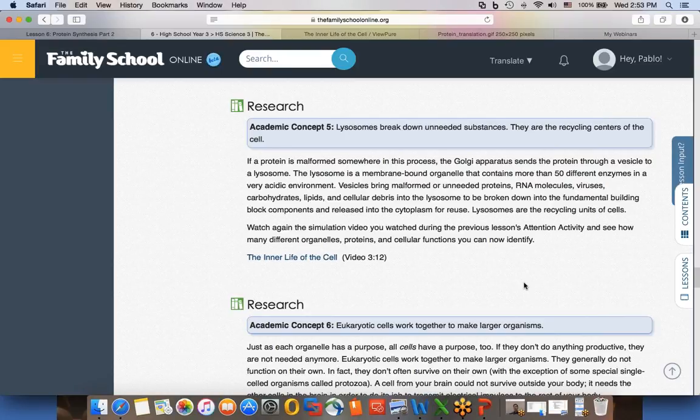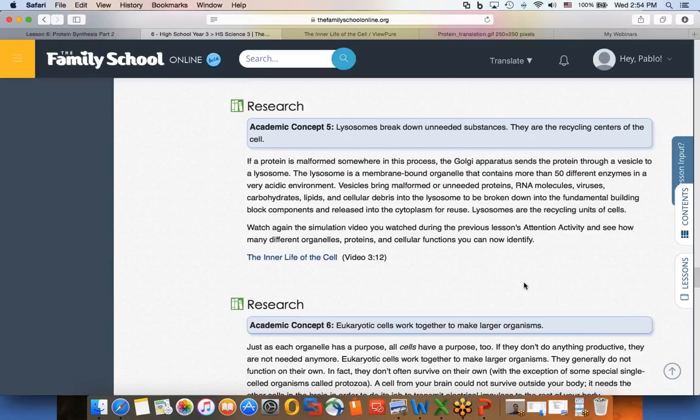That's right, yes. So imagine that if a protein is malformed and is not working correctly, usually in the Golgi apparatus, that is identified, tested and everything, and if it's not working, then the vesicle conducts that malformed protein to a lysosome, and the lysosome has enzymes, which, by the way, are other proteins, that break down the protein into amino acids.